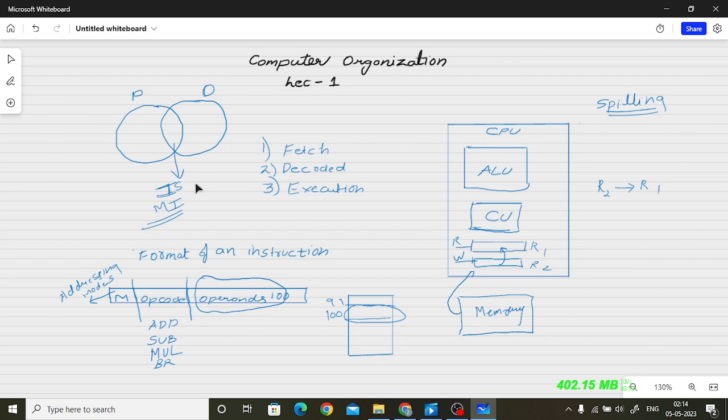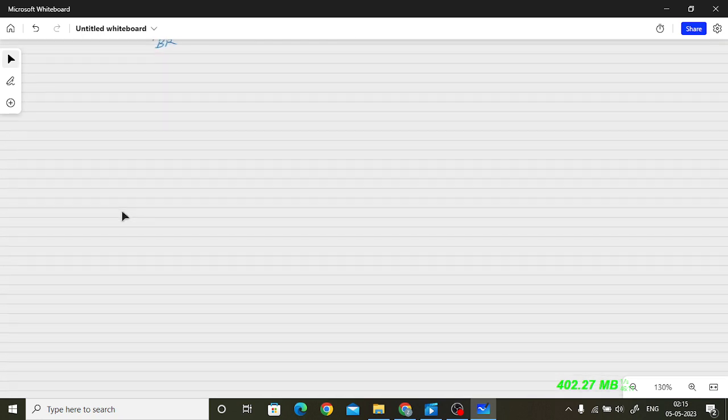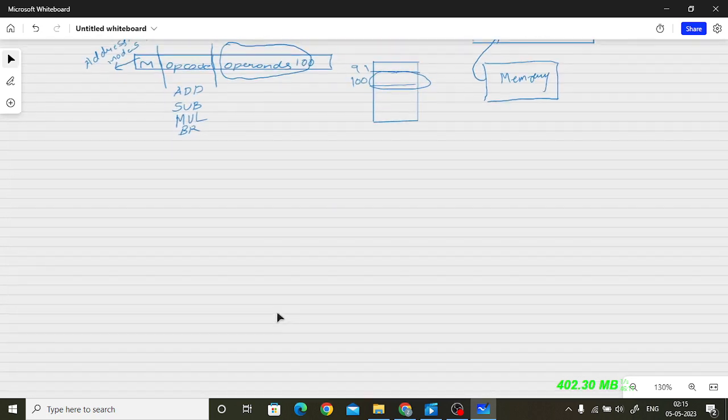That's all in this lecture. In the next lecture we are going to discuss the types of CPU organization, the advantages of addressing modes, and the various types of addressing modes, such as implied addressing mode, immediate, register indirect and so on.